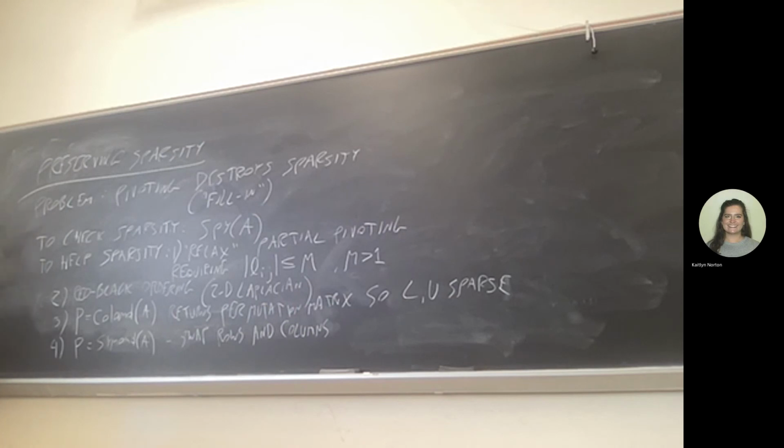But if you swap rows and then you also swap the columns in the same way, then you're doing P A P transpose, which is still symmetric. So this will give you a permutation matrix so that if you swap the rows and columns according to P, and you do a factorization like LDL or Cholesky, then again, the factors will be as sparse as possible. So this is something that can help for more general matrices. So the goal for these two is to reduce fill-in.